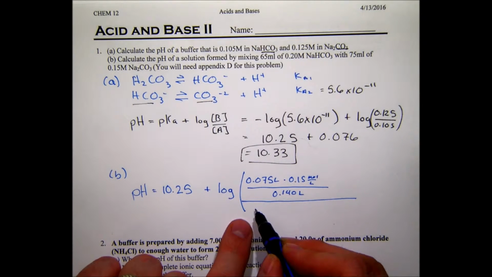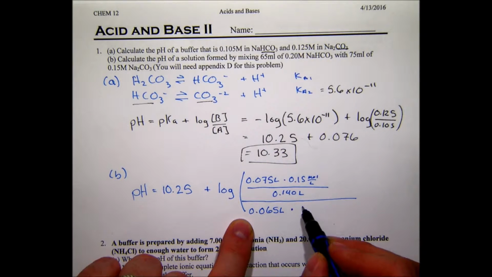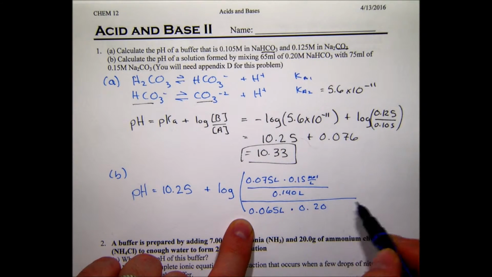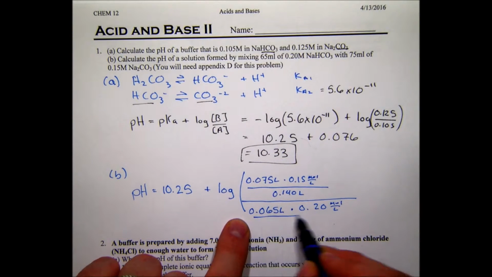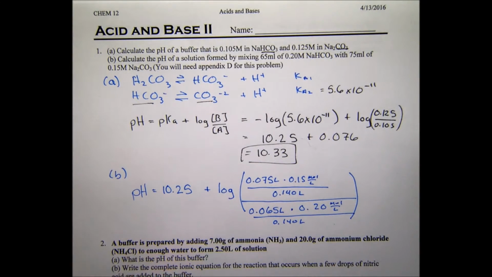And on the bottom, we'll do 0.065 liters times 0.20 moles per liter. And we'll divide that all over 140 milliliters. So we have a relatively big equation here.